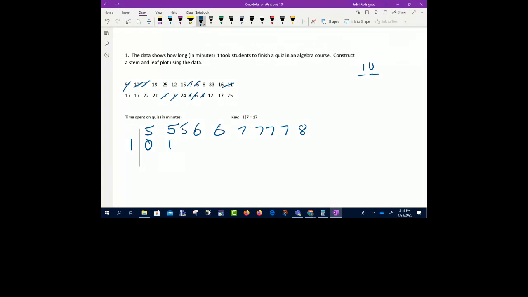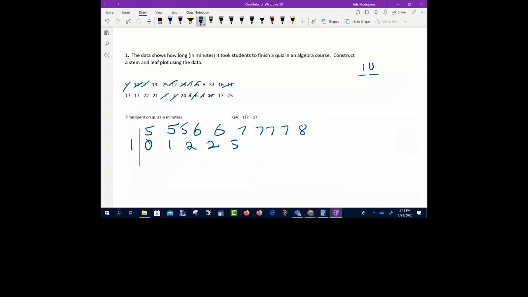Do we have any 12s? 2 of them, right? 1, 2. Those are my 12s. Do we have any 13s? No. Any 14s? No. Any 15s? We got a 15.